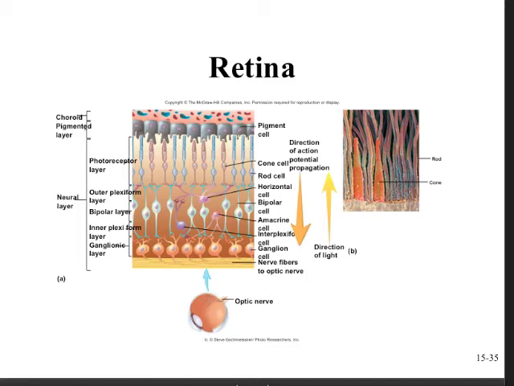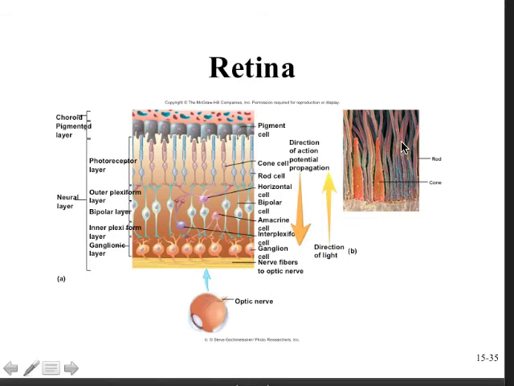Once it's captured by the cone, it basically goes from a bipolar to a ganglion cell and straight back, instead of actually having the signal spread out in the bipolar layer so that we innervate more than one ganglion cell. And this is important because cone vision, color vision, is responsible for a lot more of the detail in our visual field than the vision information that comes from the rods.